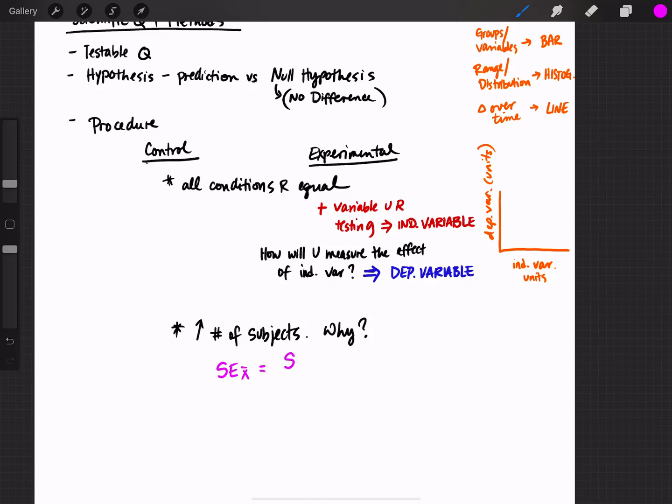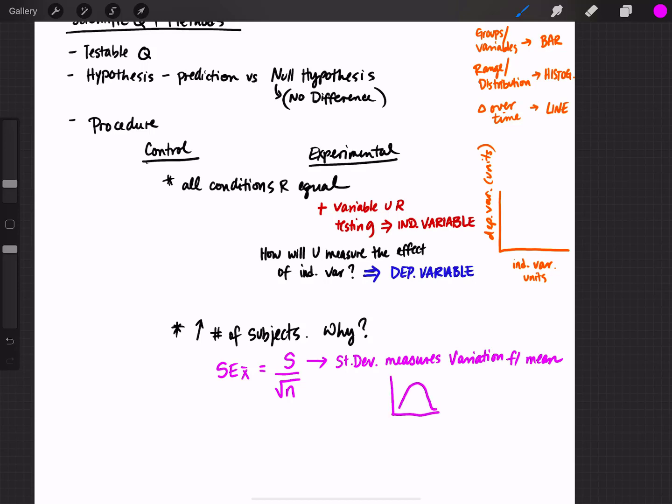Remember, one of the statistical tests that we covered in AP Bio is standard deviation, represented by s, and standard error of the mean. So the standard error of the mean is equal to the standard deviation over the square root of n. Let's do a quick review of standard deviation. Remember, standard deviation is basically the variation from the mean.